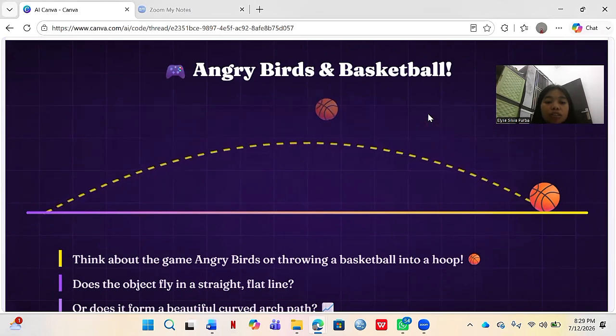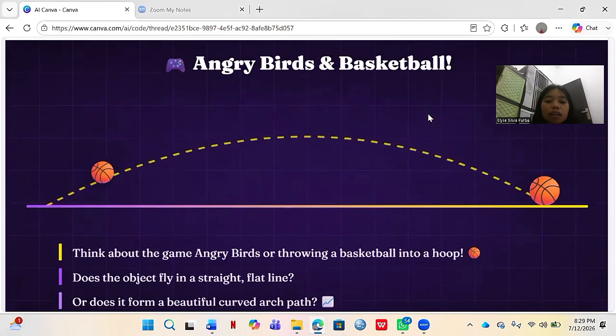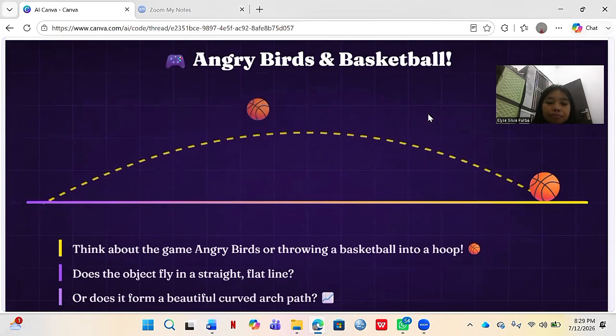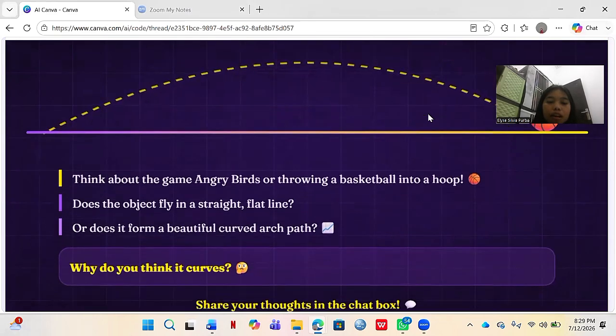Of course not. It forms a beautiful curve, bouncing up and then falling back down. In mathematics, we call this curve a parabola, and it is controlled by quadratic concepts.